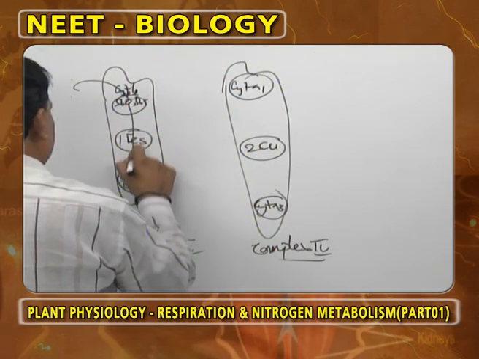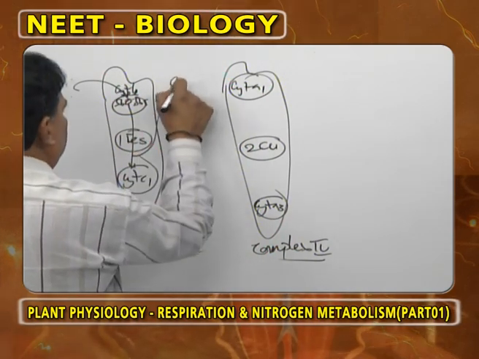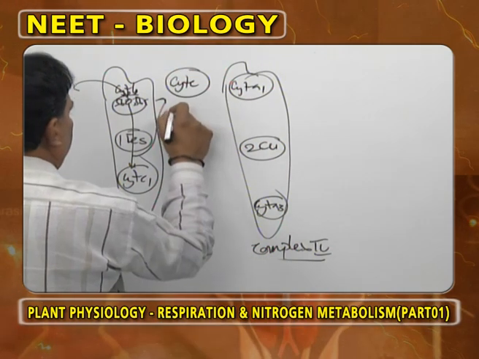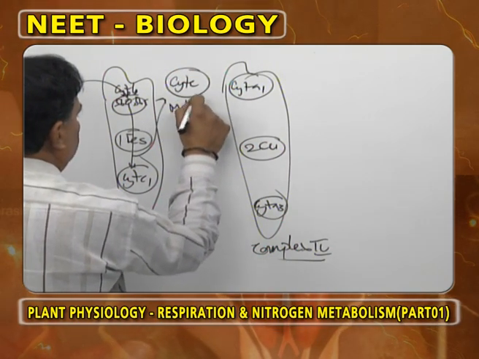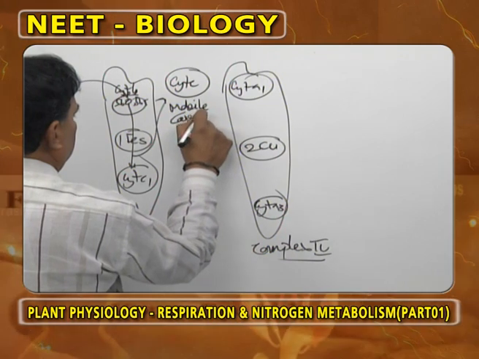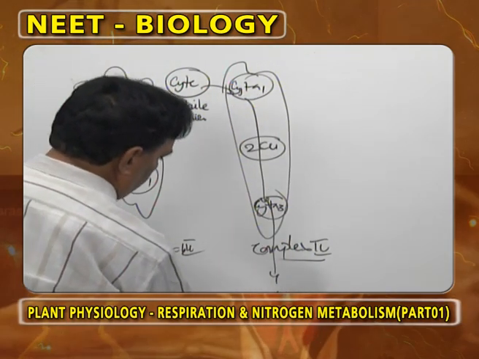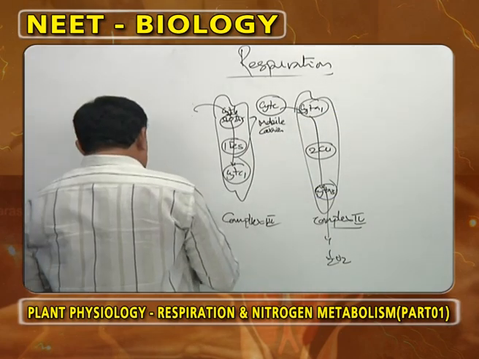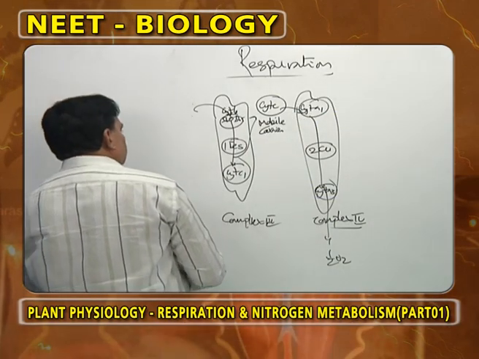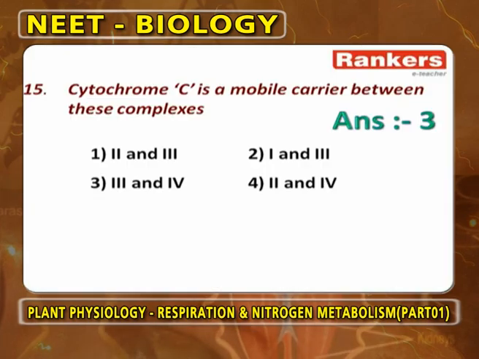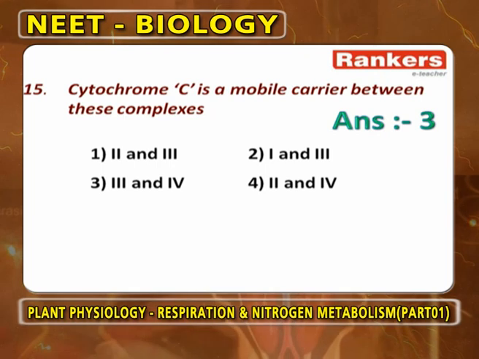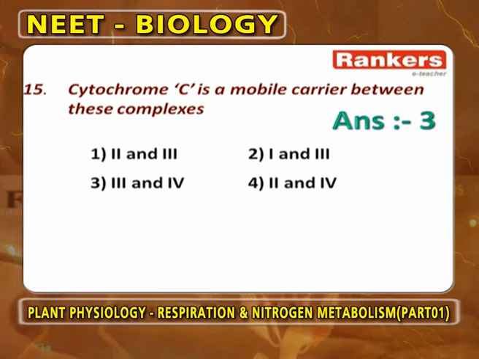Whenever electrons come here and want to go on, they are taken by a special mobile carrier called cytochrome c. This mobile carrier transfers electrons, and finally they are added to half O2. So, the mobile carrier present between complex 3 and complex 4 is cytochrome c, definitely between 3 and 4.